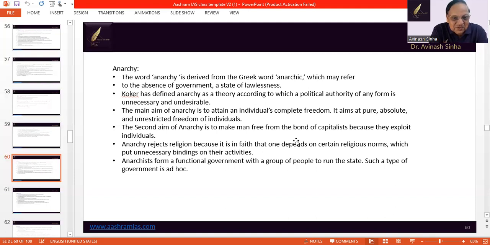Then anarchists form a functional government with a group of people to run the state. Such a type of government is ad hoc government, temporary government.